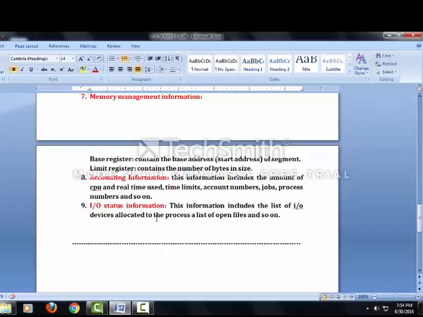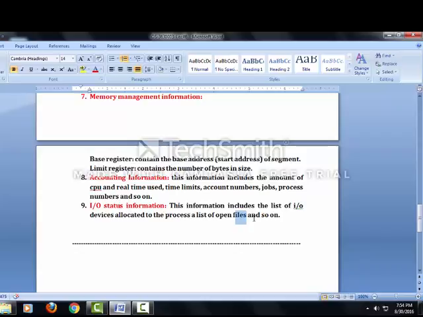And the final one is input output status information. Maybe a process requires some input or output devices or other resources like files. This information includes the list of input output devices allocated to the process, a list of open files, and so on.